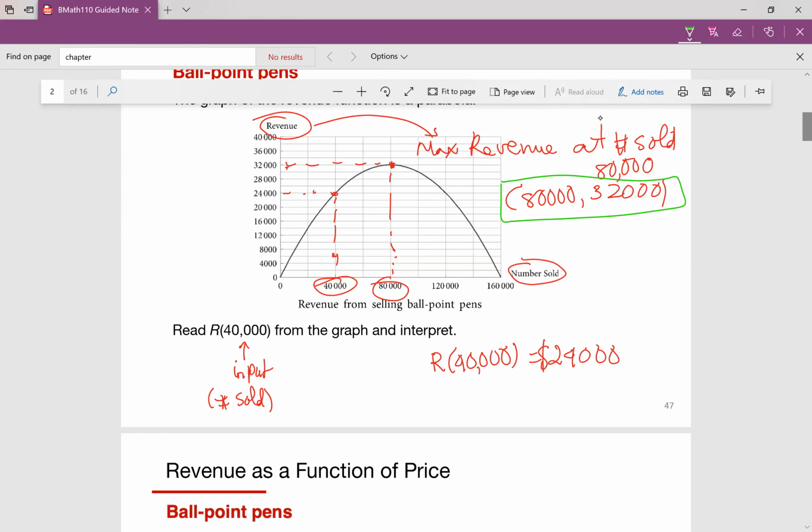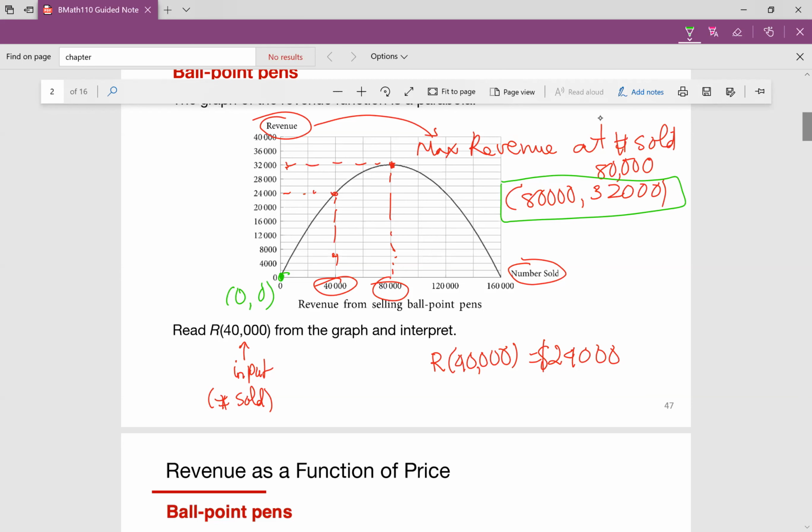So if there is another question, say when you don't have any revenue, you want to look at this point 0, 0. If you don't have anything sold, you're not gonna have any revenues, so it'll be 0, 0.